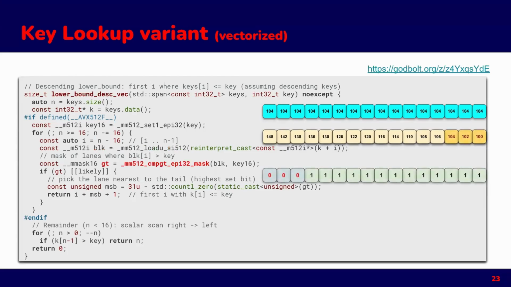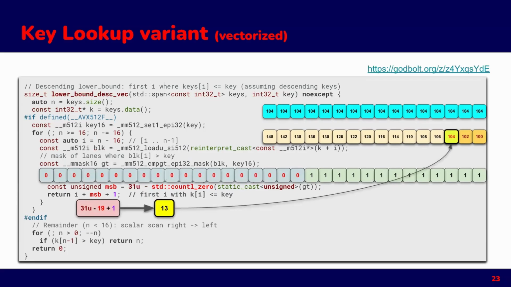Okay, so then we call the greater than compare, and we get a 16-bit mask from that. Note that those 3 zeros correspond to those 3 values. It's swapped. And then we cast it to 32-bit and count the number of zeros and do a simple calculation. So we get the index 13. So this way we search 16 keys at a time, and hopefully in just one loop we find the proper position.